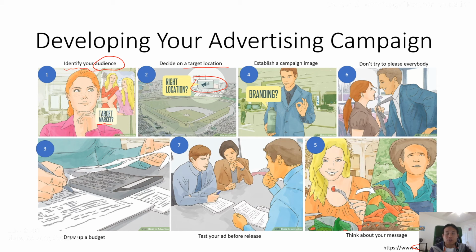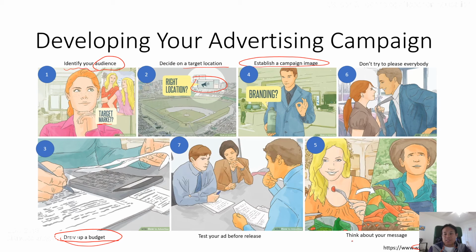You should decide your target location. And then the next step is budget. How much you're gonna spend for the advertisement, and then establish the campaign image. So just branding, the big idea of your product. Do you want to highlight the efficacy of the product, or just a good image, or whatever?